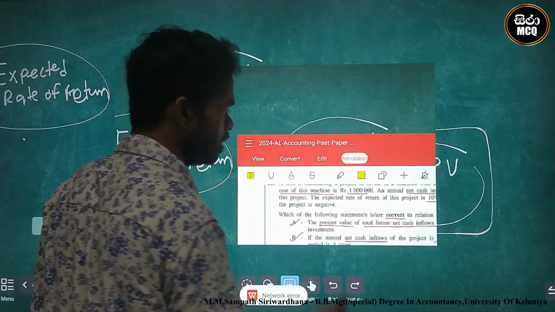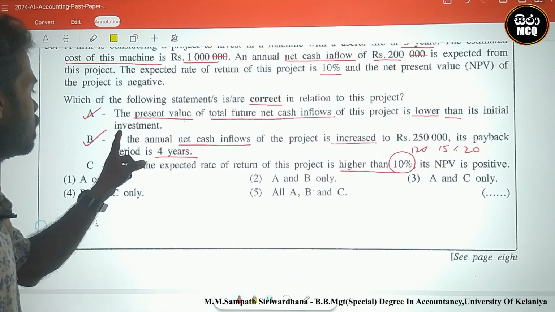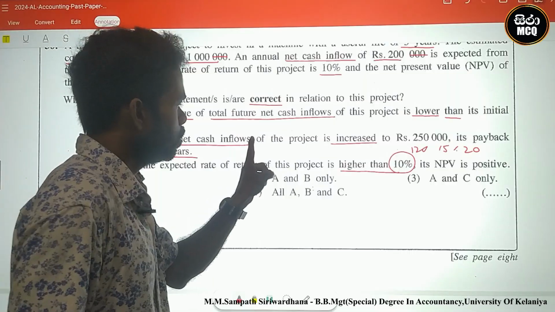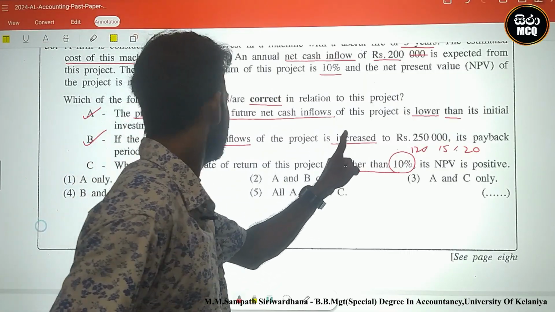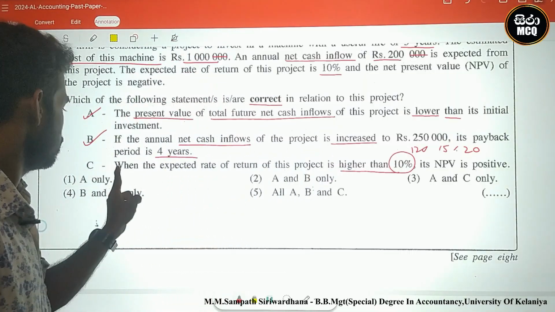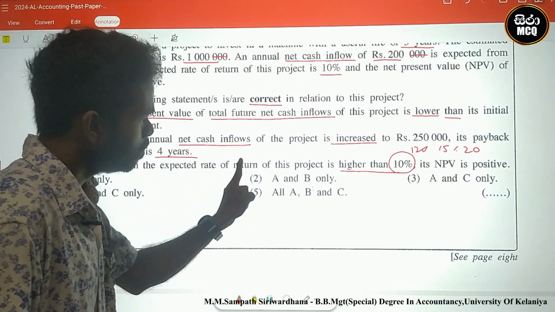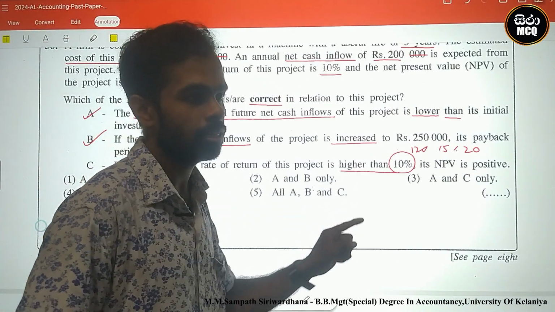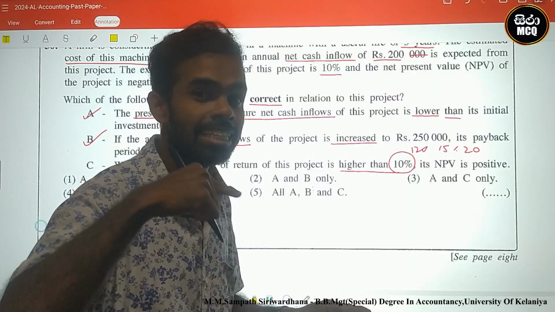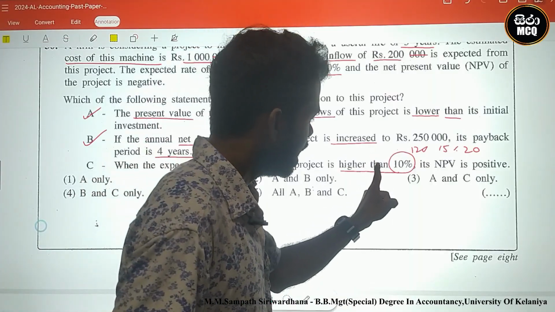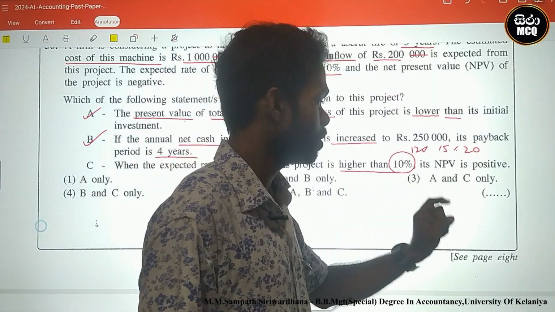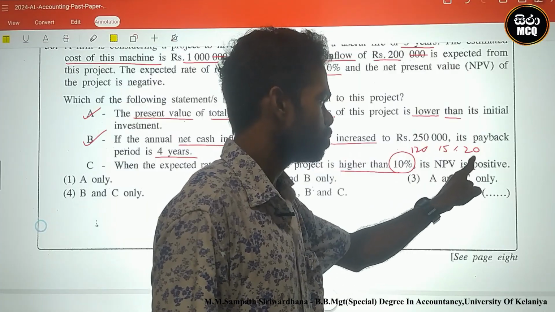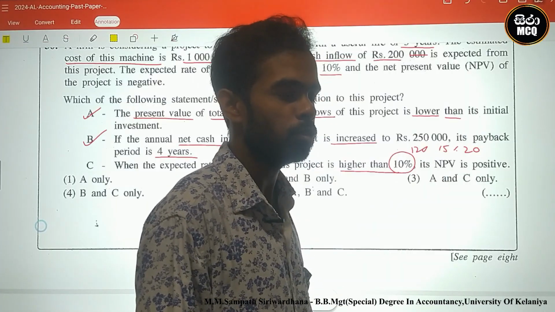Why? They said increase, no? Look here. If the expected rate of return of the project is higher, meaning the interest rate is increasing from 10% to 20%, they say NPV was positive, but NPV should be negative.